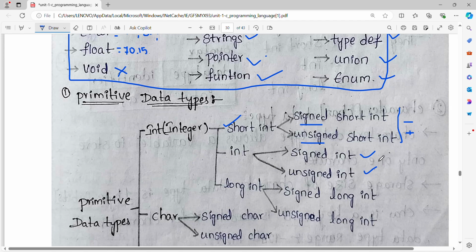It also takes both negative and positive values. Long int is also divided into two types: signed long int and unsigned long int. It also has positive and negative values.